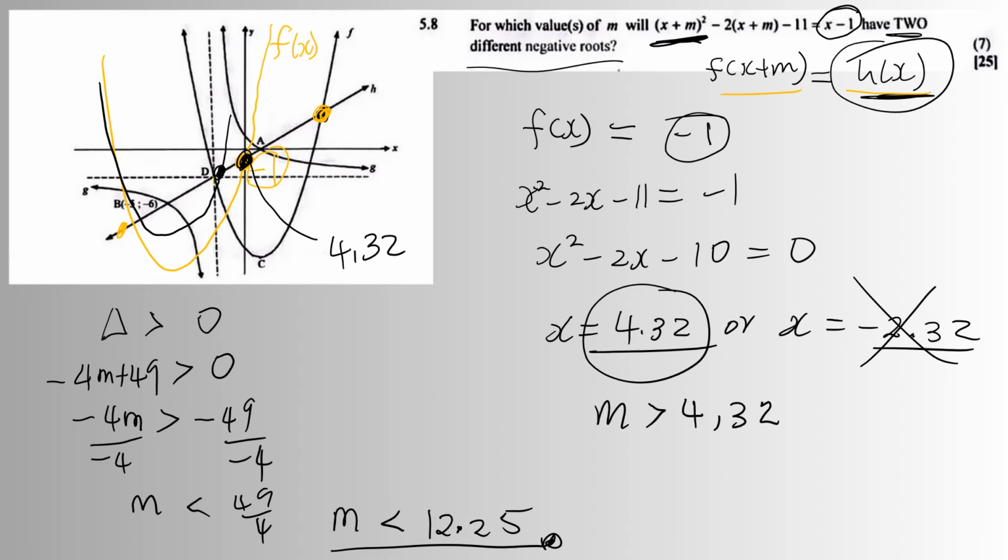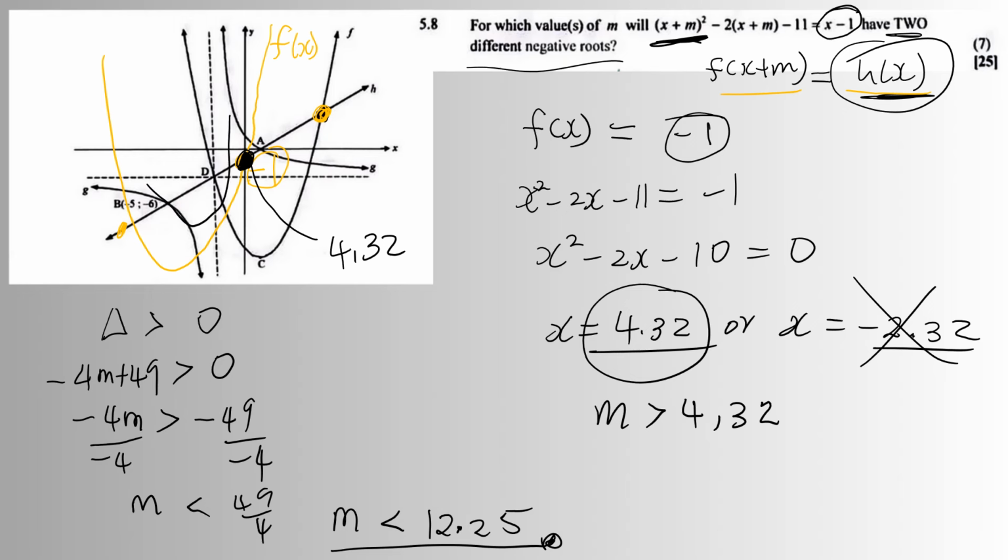So you can see my m must be greater than 4.32. I must shift it by above 4.32, because if I shift it by exactly 4.32, it's going to be there at the y-intercept, right? So for it to give me negative roots, to come that side, it must be at least above that, because at that point the root is still positive, since it's exactly at the y-axis.